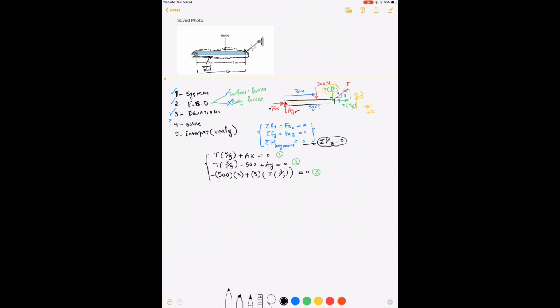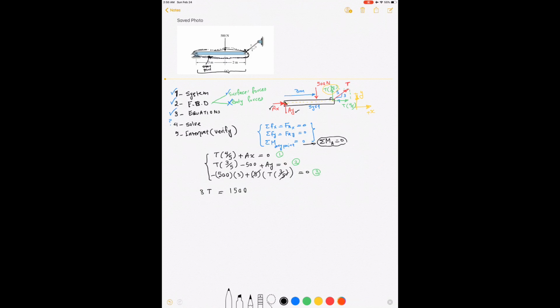So solving equation 3, it gives you 3 times T, because this 5 is going to cancel out with this 5, so you get 3T is equal to, take this to the right hand side, 1500, right?